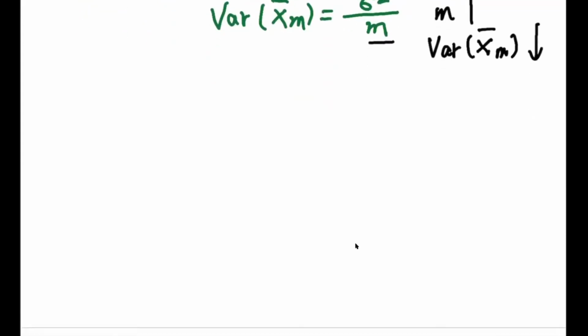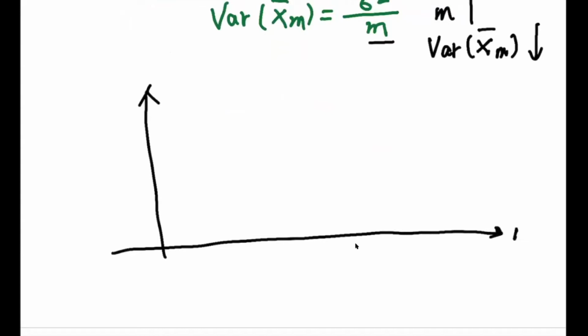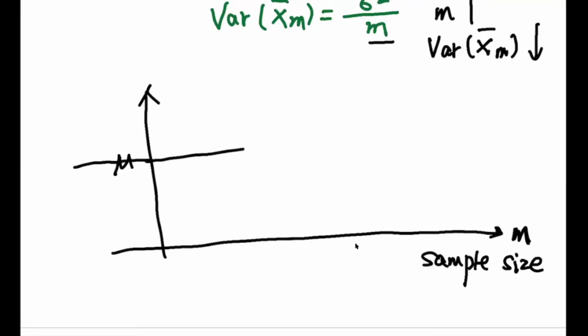I'll try to plot a graph to show you how it looks like. See, the x-axis is the sample size. It means how much data we draw each time. And see, mu is here, which is the expectation of the distribution or population.